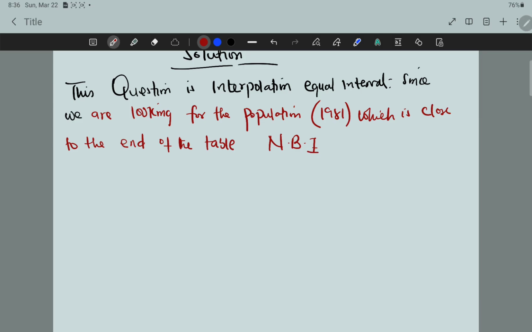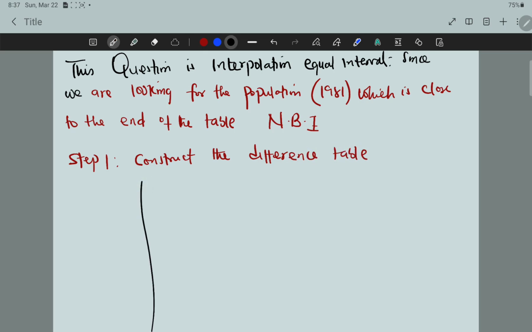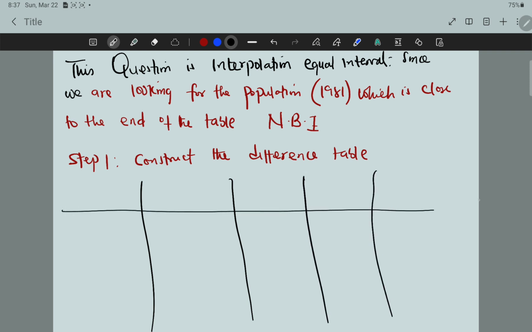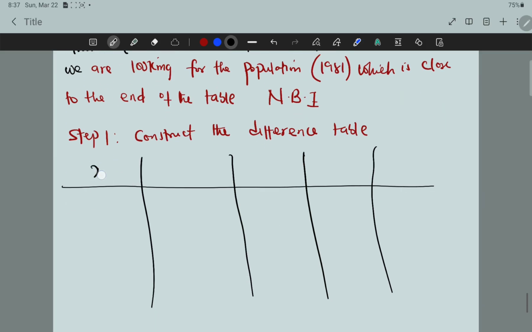Okay, step one. Let's construct the difference table quickly.